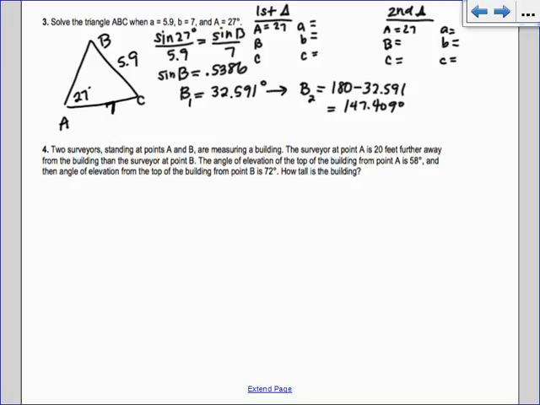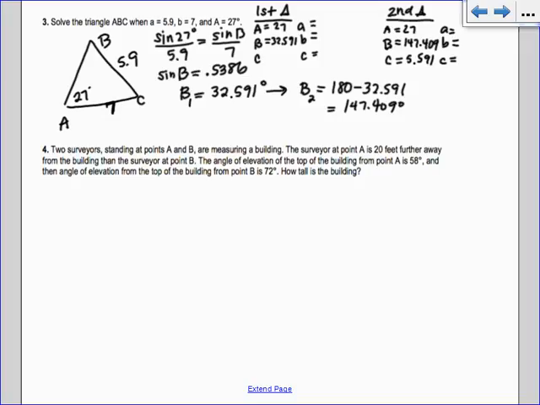Okay, and B, for the first triangle, we got 32.591, but for the second triangle, we got 147.409. Okay, and then we continue to solve for the rest of the triangle. So if I subtract my 27 and my 147.409, I get 5.591 for that one.